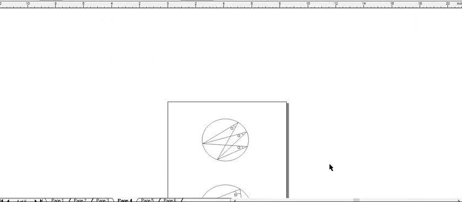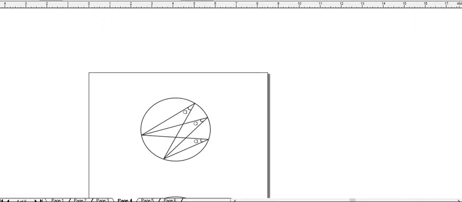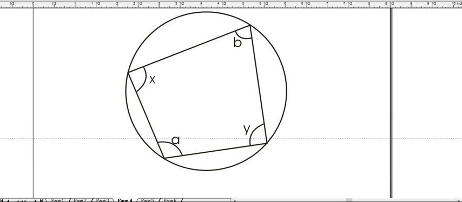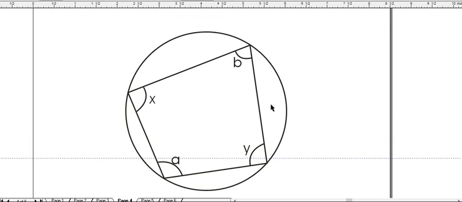Let's look at that. It's also here. This is what we are talking about. Any 4-sided shape inside a circle is called a cyclic quadrilateral.